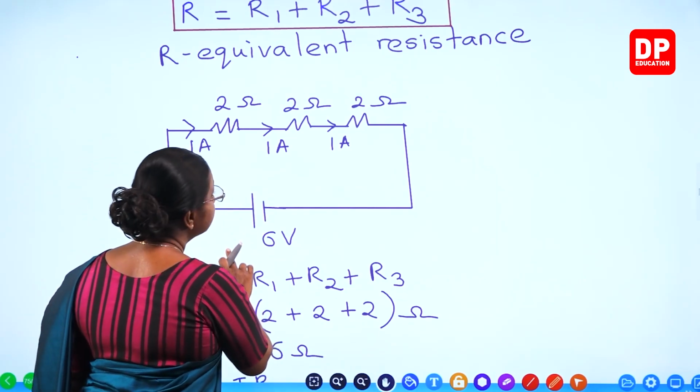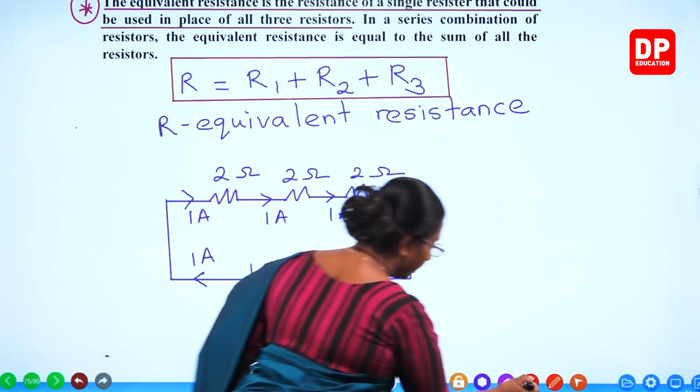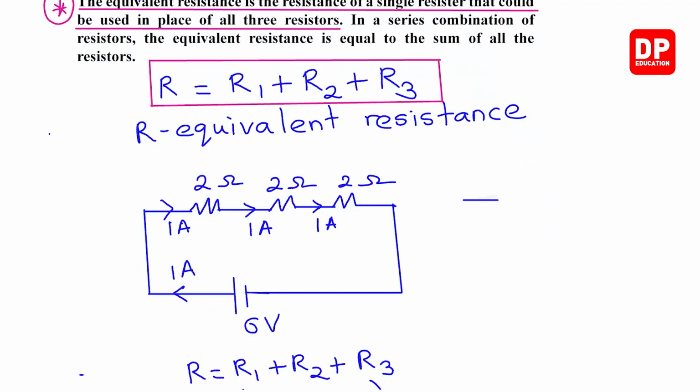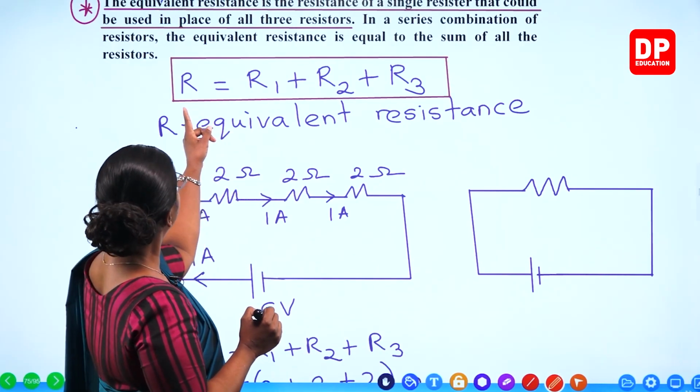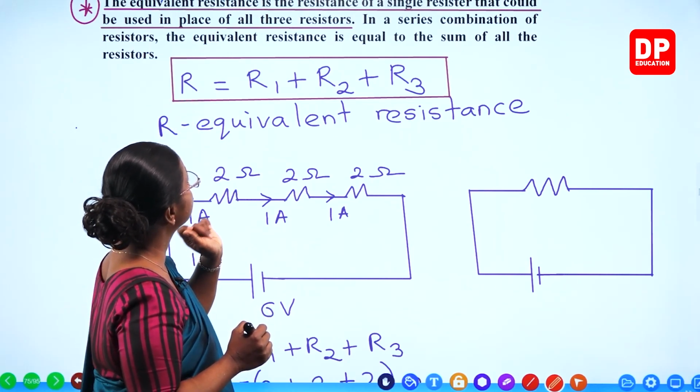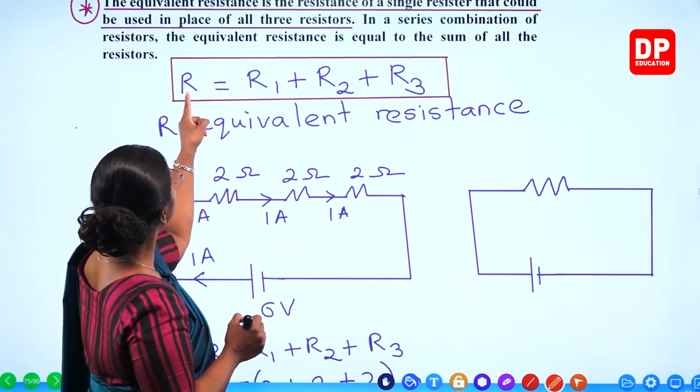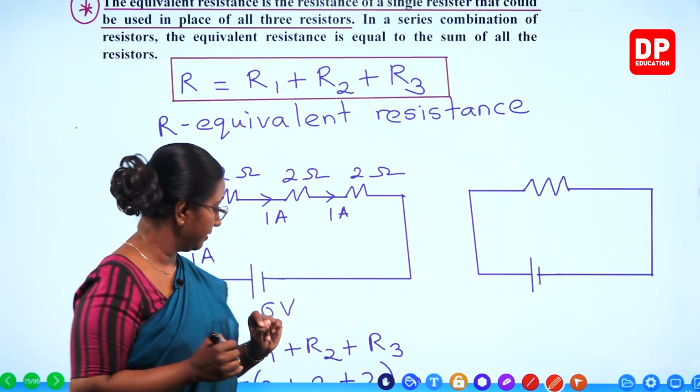To understand this further, you can remember the equivalent resistance is the resistance of a single resistor that could be used in place of all three resistors.